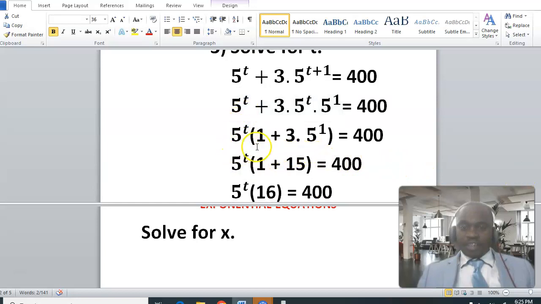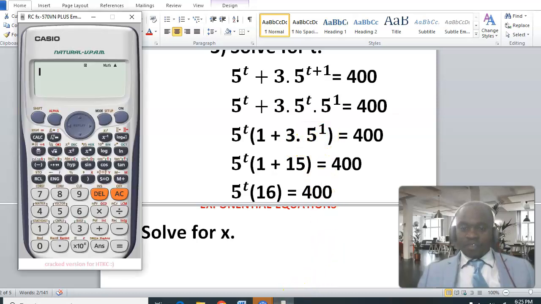So 5 exponent t is a factor now, so we are going to have 1 plus 3 times 5 exponent 1. 5 exponent 1 is the same as what? 5.